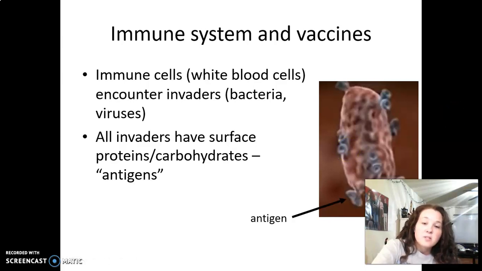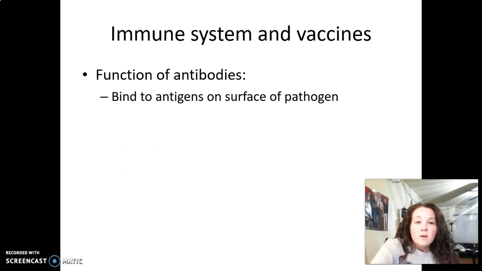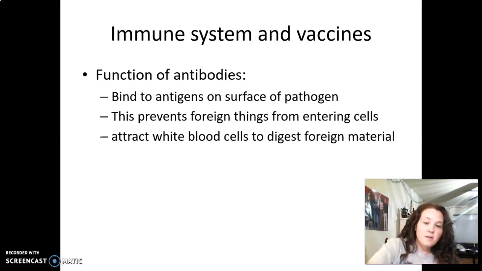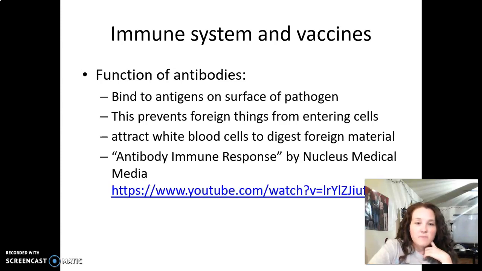The point of the antibodies is to bind to the antigens on the surface of the pathogen and block them from binding with the surface receptors of the host cells. Then the white blood cells come and they digest the pathogens. Go ahead and watch this video and then come back when you're done.